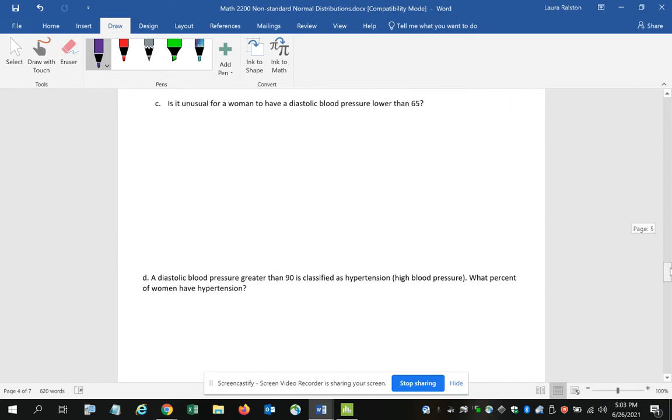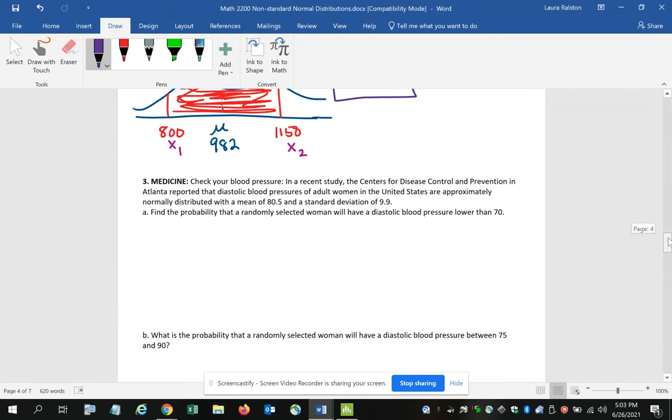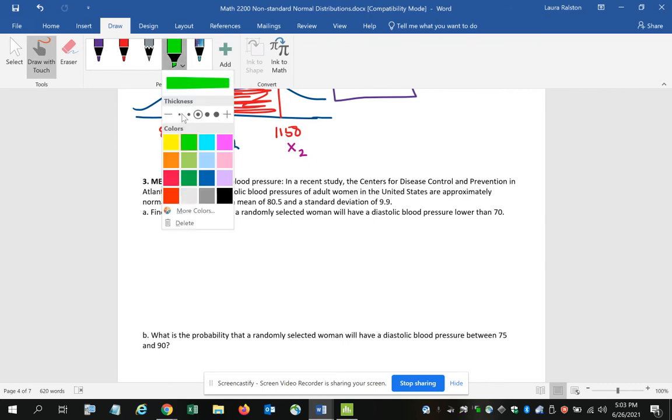To the third scenario. Check your blood pressure. In a recent study, the Centers for Disease Control and Prevention in Atlanta reported that diastolic blood pressures of adult women in the United States are approximately normally distributed with a mean of 80.5 and a standard deviation of 9.9.